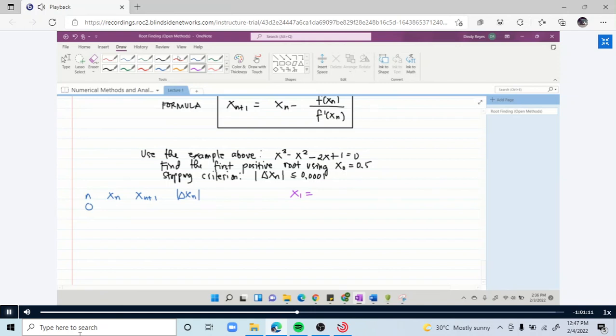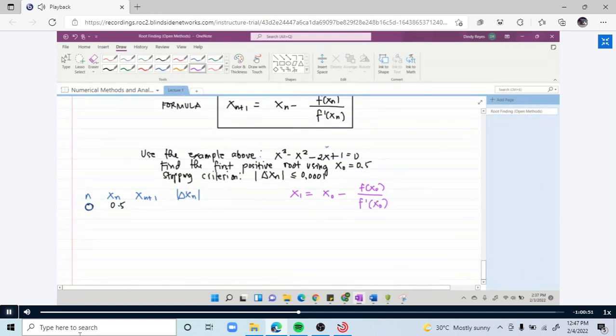N plus 1 ito, n yun. So dito pala, 0 ito, tapos ito ay 0.5. Okay? So this is x sub 0 minus f of x sub 0 over f prime of x sub 0.